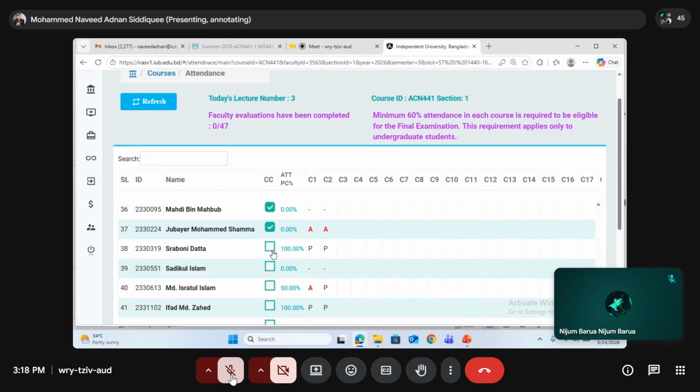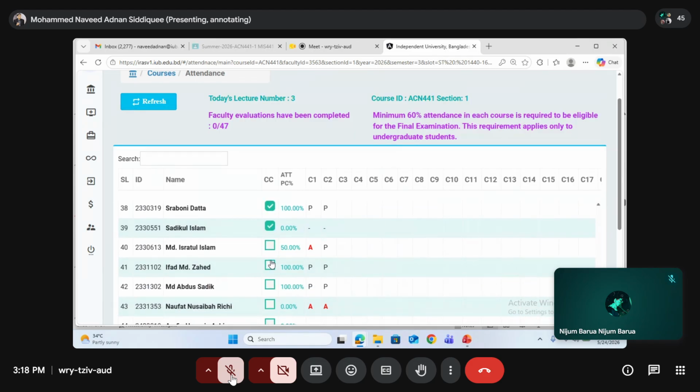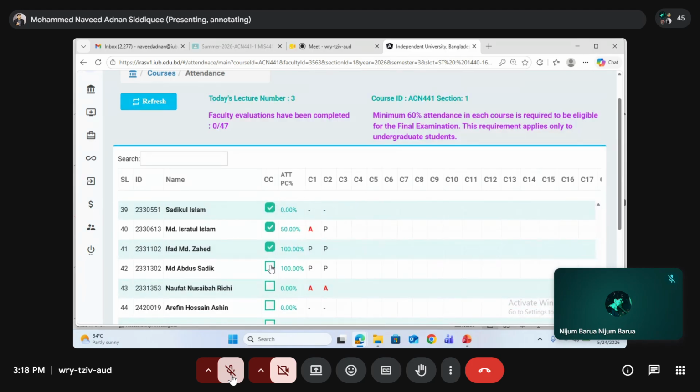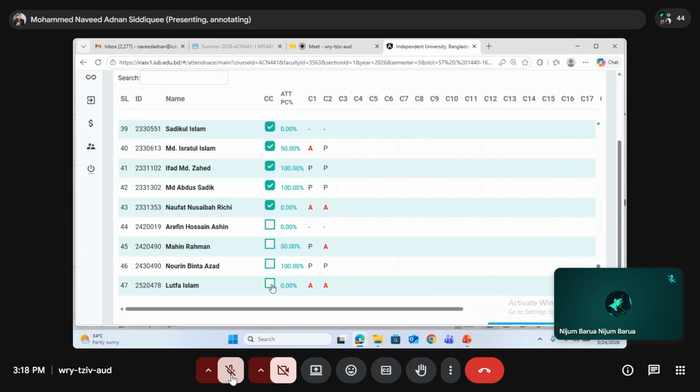Sravoni, Present, sir. Sadiqul Islam, Present, sir. Isratul Islam, Present, sir. Abdus, Yes, sir. Naufat, Present, sir. Arifin, Present, sir.